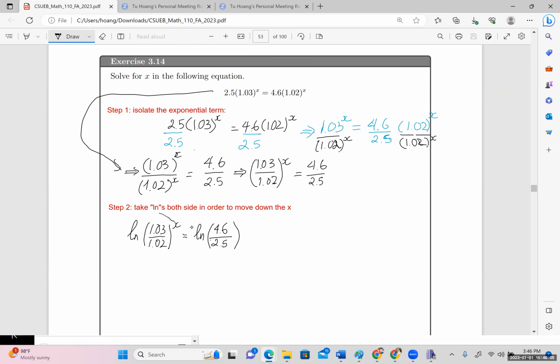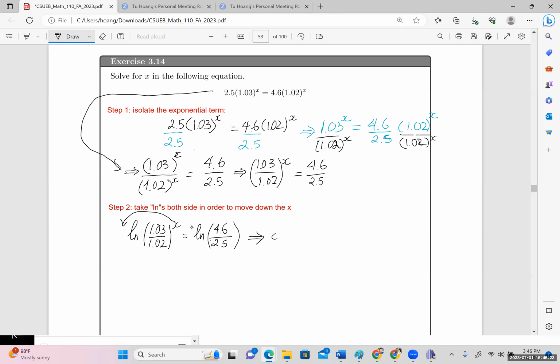And at this point, you can move the x in front of the log. Okay. So x times natural log of 1.03 divided by 1.02 is equal to natural log of 4.6 over 2.5.